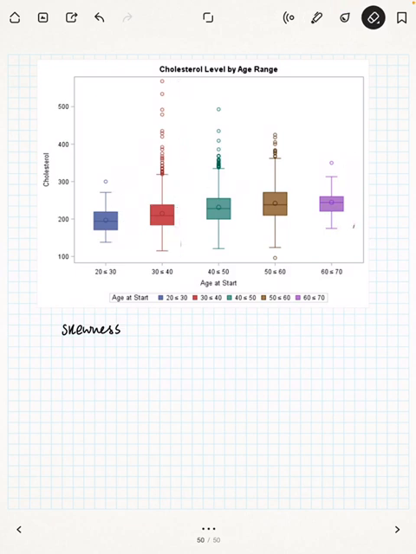So the centers here, not only do we have represented the medians, so here's the median, median. We can see how the median cholesterol level rises through the age groups, but also the means. These dots in the middle, these are the means. And so yes, we do get a lot of information from box plots, whether or not they are modified or regular.